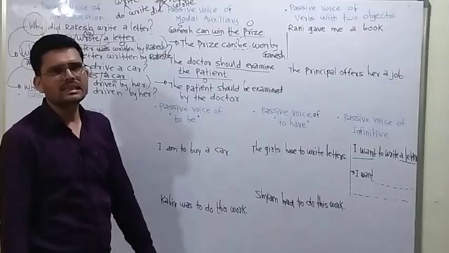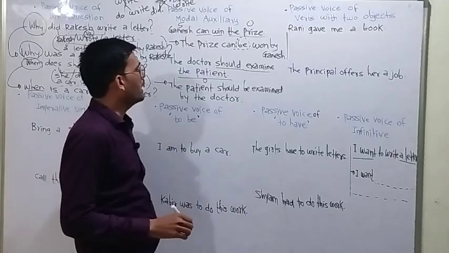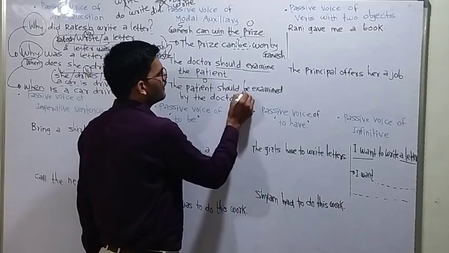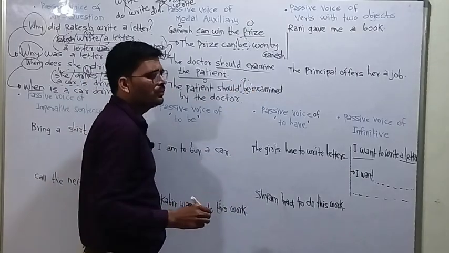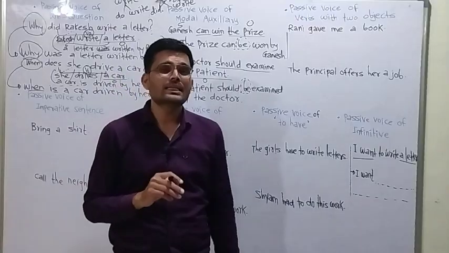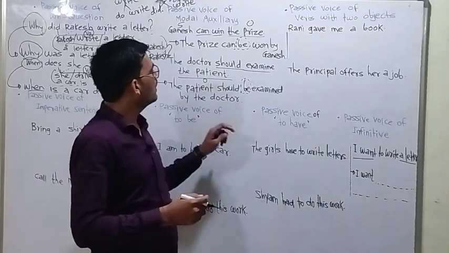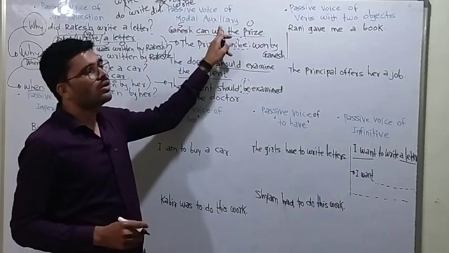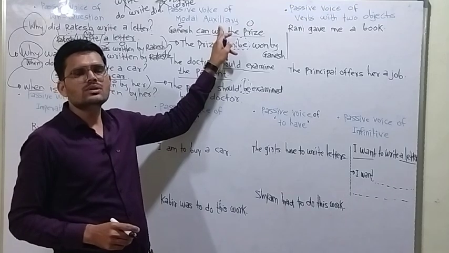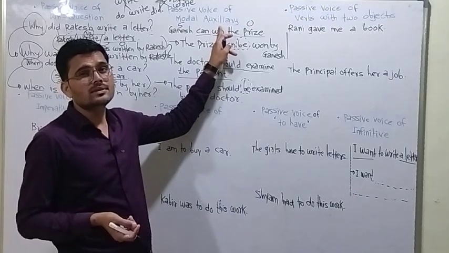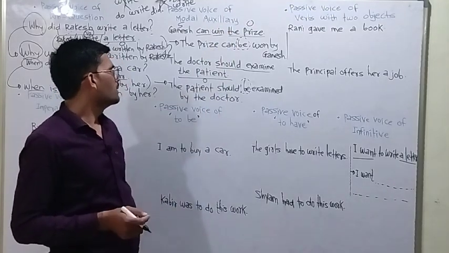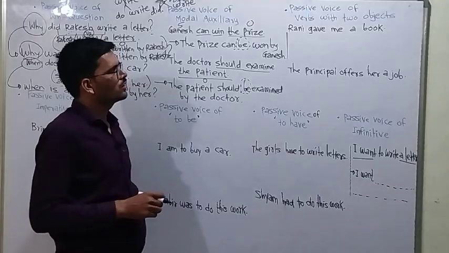At last there is a full stop. The patient can be, be is a new word. Why? Because when we convert modal auxiliary type sentences from active to passive, we put a new word, and its name is be. The patient should be examined by the doctor.